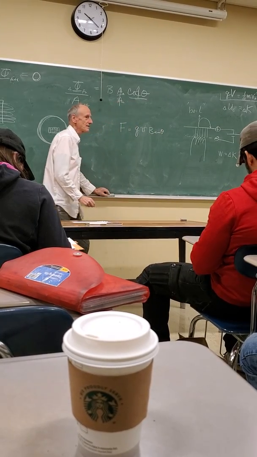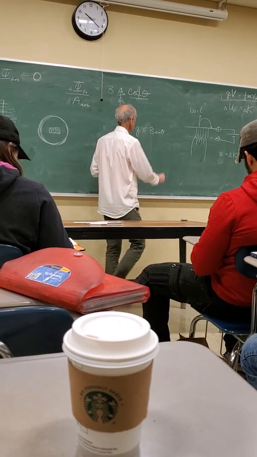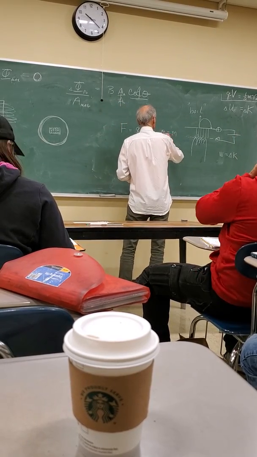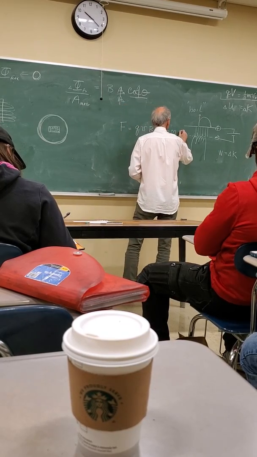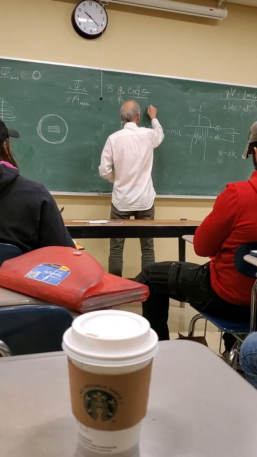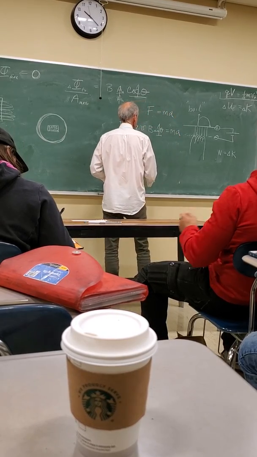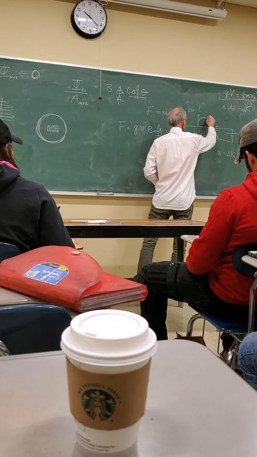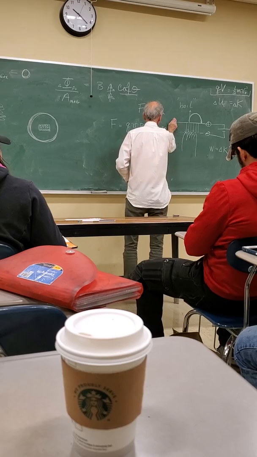Right? You have a field and a velocity and a charge, and they're going to bend, and the sine is 1 because it's perpendicular. According to F equals ma, the force on the electrons results in an acceleration, and since it's circular, that acceleration is v squared over r.